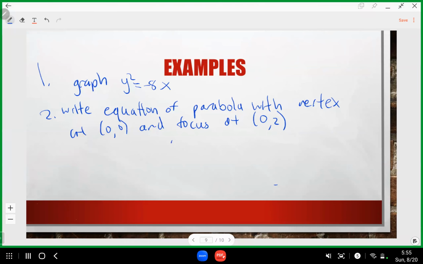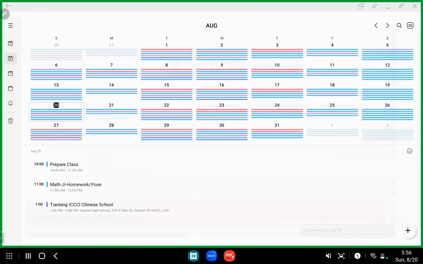This one is also pretty easy, right? We know the vertex is at 0, 0, and the focus is at 0, 2. How does it open: up, down, right, or left? It opens up, because the focus is up, so the directrix must be below. So what is p?